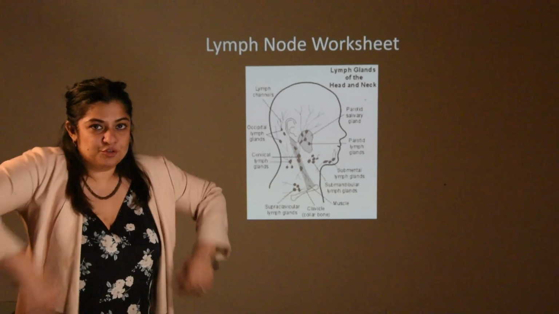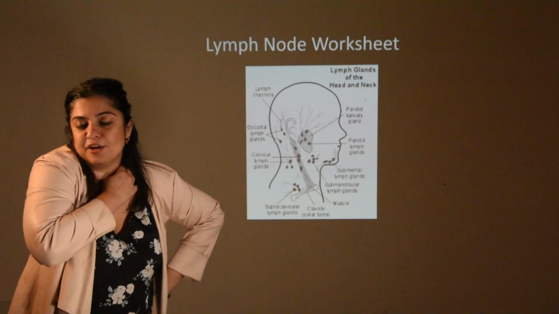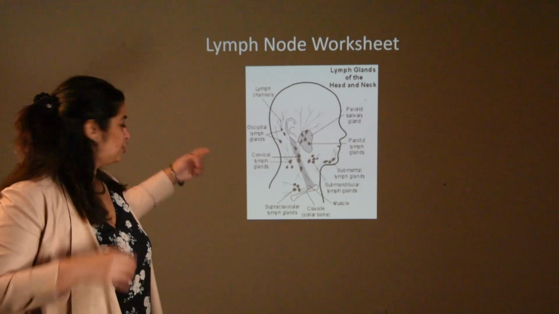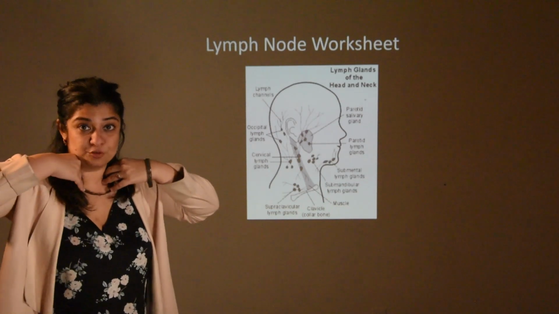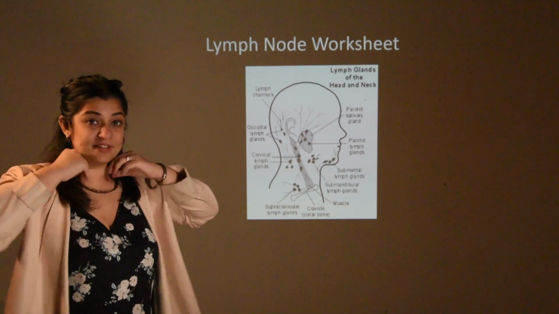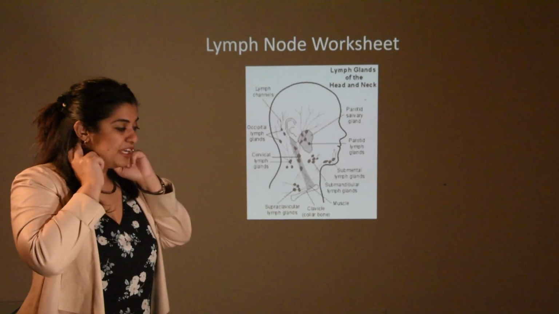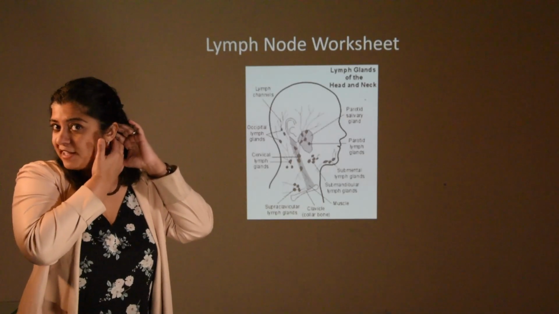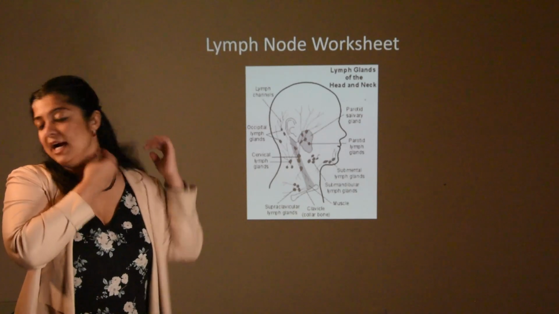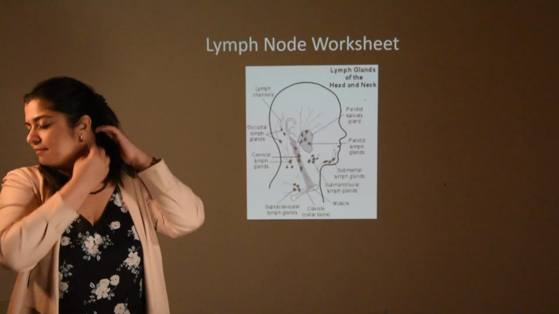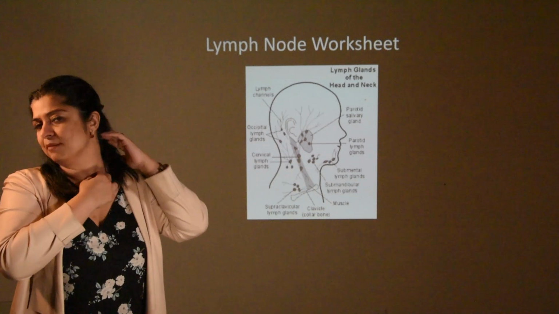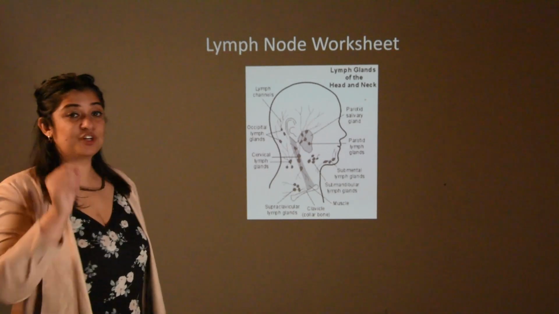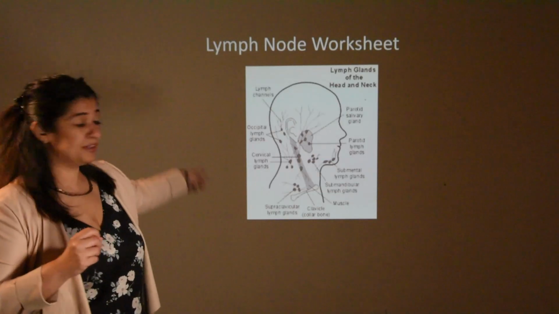Right above, if you touch inside here, you can feel the supraclavicular lymph nodes, or lymph nodes above the clavicle, right here. Right here is your occiput. If you feel right under here, you can feel the occipital lymph nodes. Under the sternocleidomastoid muscle, which is your main neck muscle, you have other lymph nodes called the cervical lymph nodes, as shown in the picture.